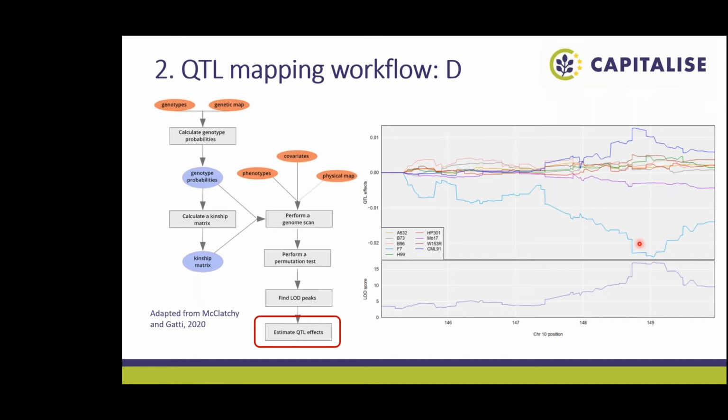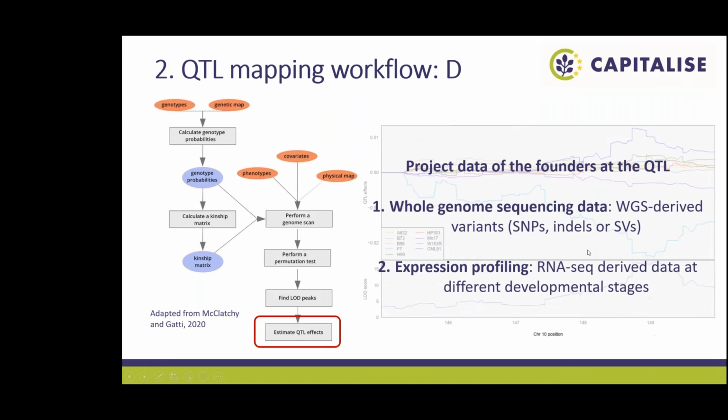It is F7. You see a negative effect on the phenotype. So if an allele carries the haplotype of F7, there is a significantly negative effect on the phenotype.